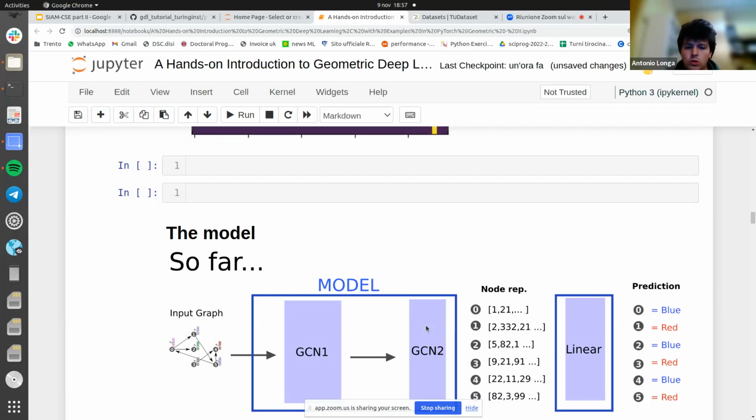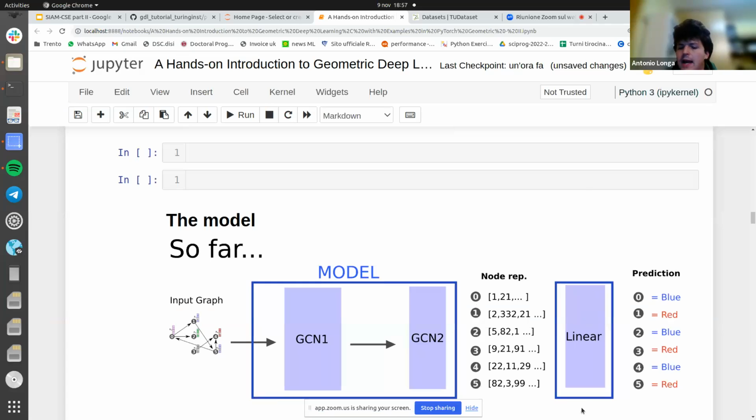So far, what we did, we have a unique graph, we have a model, in our case, these 2 GCN. At the end of those graph convolutional networks, we have a node representation in our hidden space, in our embedding, okay? And then we apply a linear layer, or directly we apply the prediction to achieve our prediction.